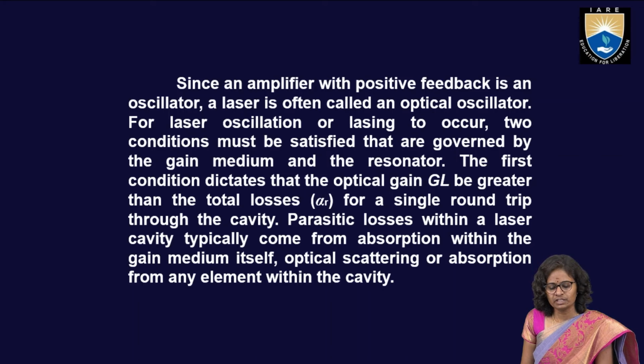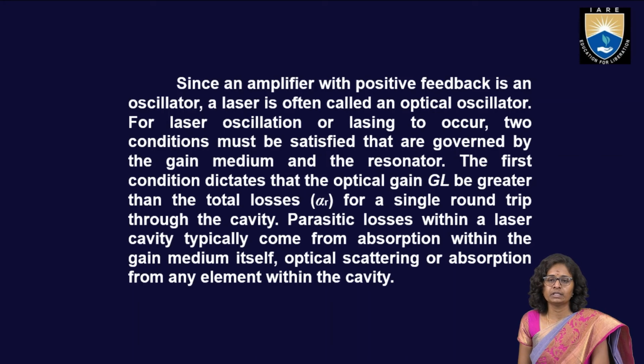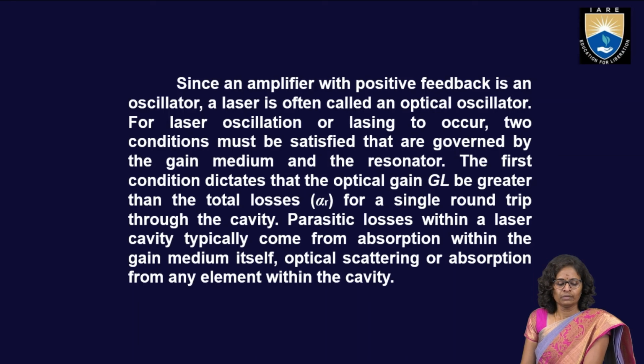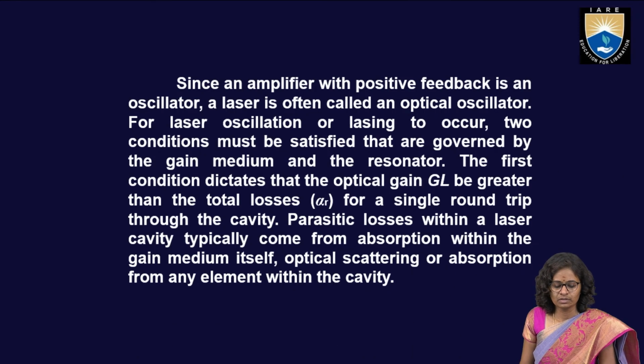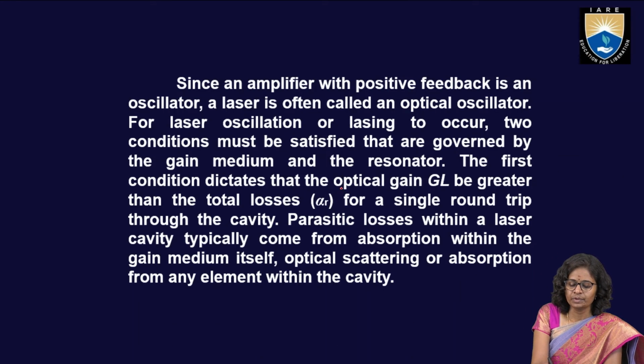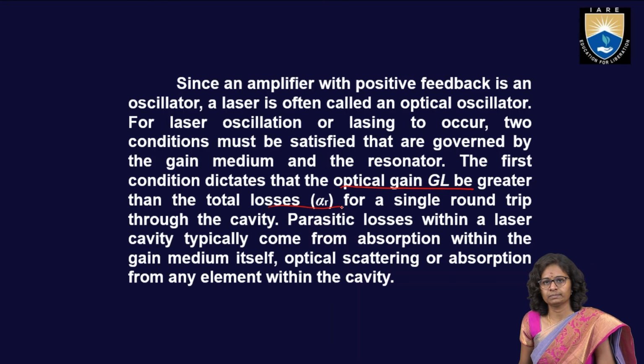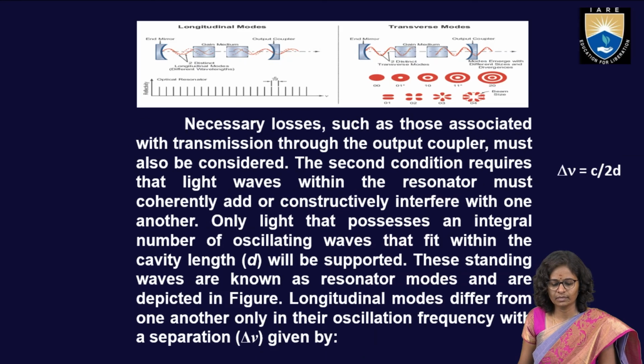Parasitic losses within a laser cavity typically come from absorption within the gain medium itself, optical scattering, or absorption from any element within the cavity. So, optical gain should be greater than the loss by absorption. Necessary losses, such as those associated with transmission through the output coupler, must also be considered.